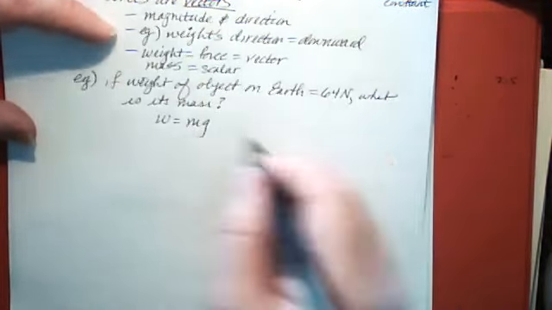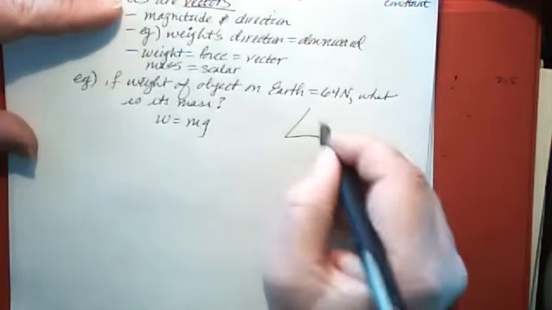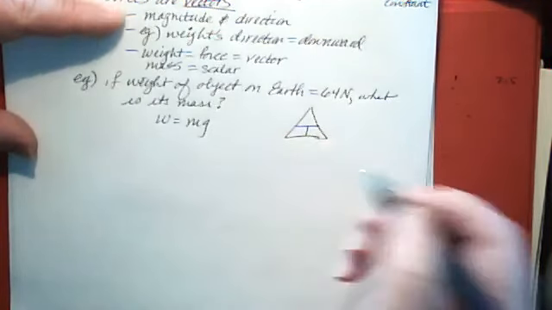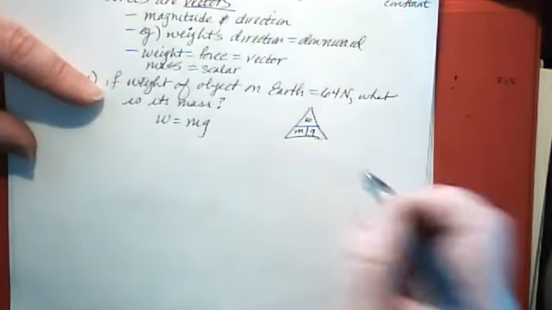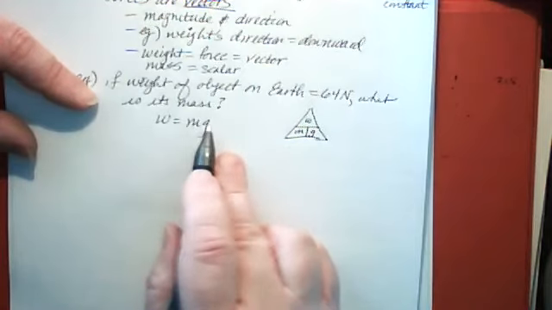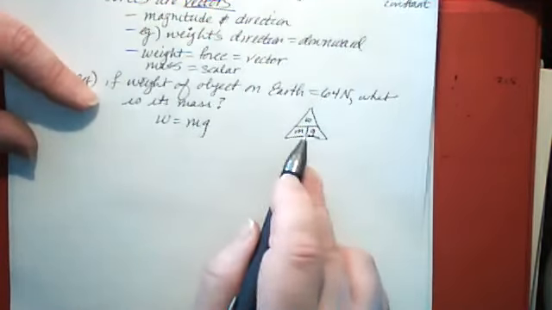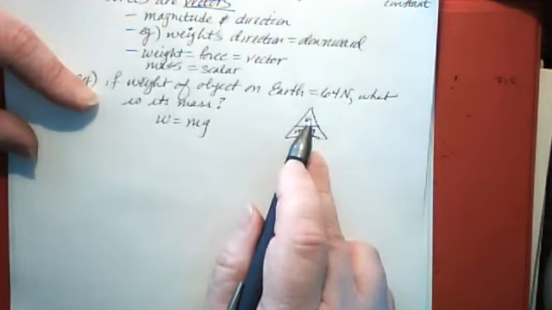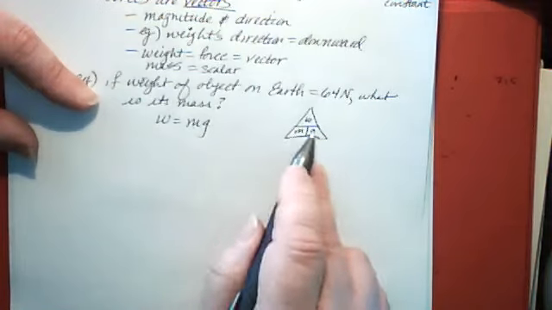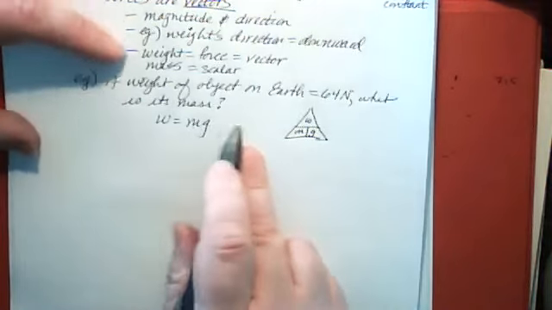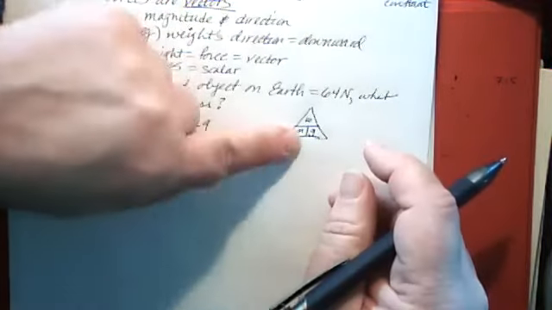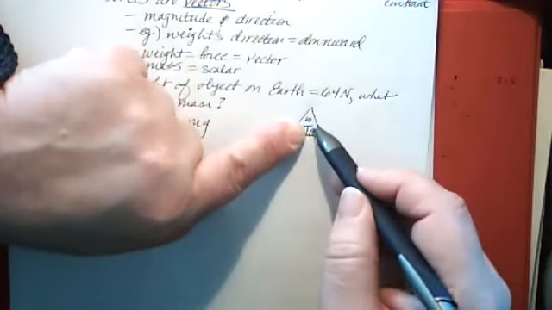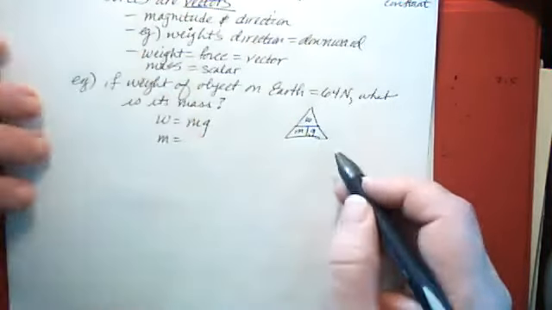If you want to rearrange this equation, you can put it into one of our little triangles. Weight is equal to mass times gravity. So mass and gravity have to be next to each other in the triangle, and that leaves weight for the other one. If we want mass, we cover up m in the triangle, and we see that mass is weight over gravity.